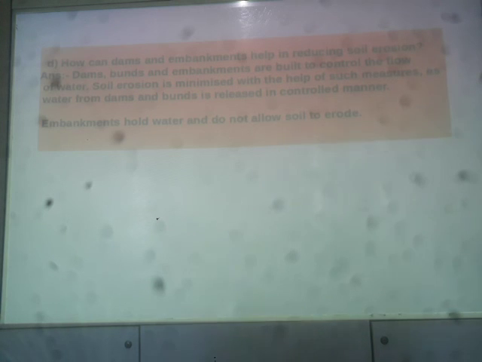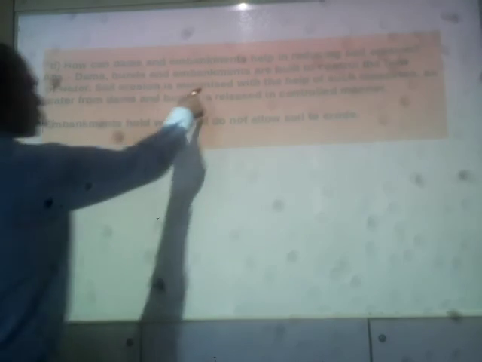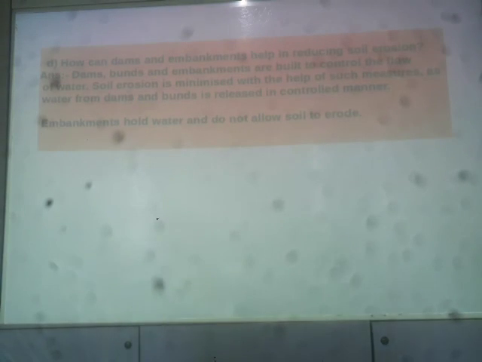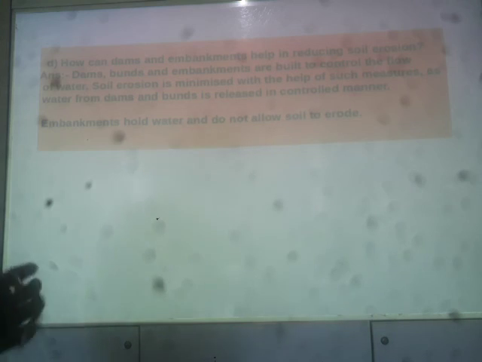Soil erosion is minimized with the help of such measures, as water from dams and bunds is released in a controlled manner.